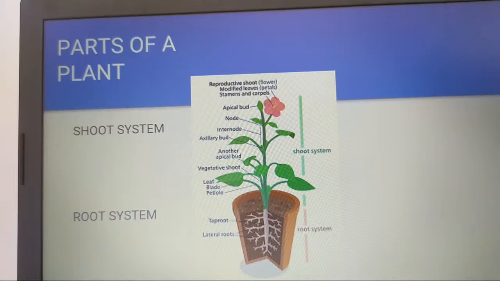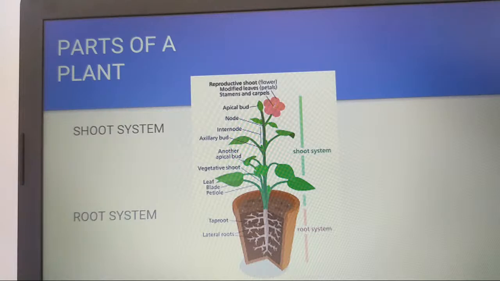There is variation in the flowers, the roots, and the stems. However, if we talk about the overall structure of all these plants, it consists of 2 parts only. That is, the shoot system, which develops above the ground, and the root system, which develops below the ground.